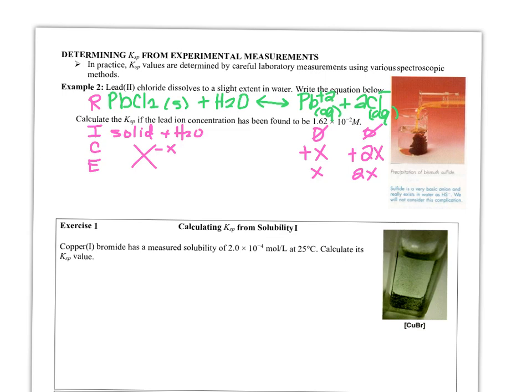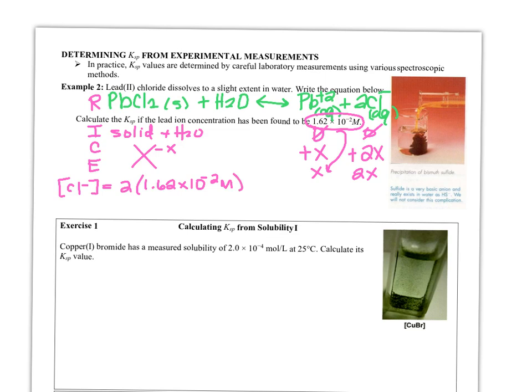So then one of the things that it says: calculate the Ksp if the lead ion concentration is found to be 1.62 times 10 to the negative 2. Well, that tells me that that's X, right? Because that's what my lead concentration is. So if my concentration of lead is 1.62 times 10 to the negative 2, then my concentration of chloride is 2 times that.